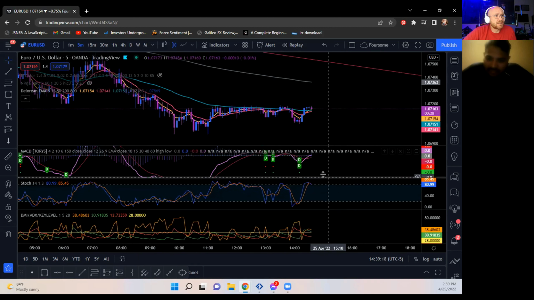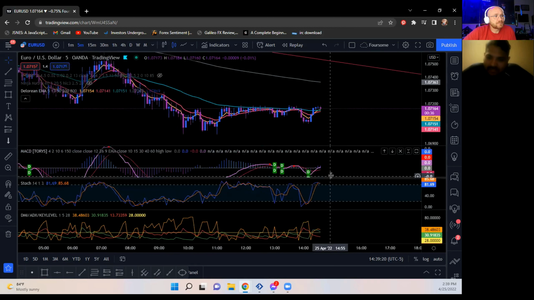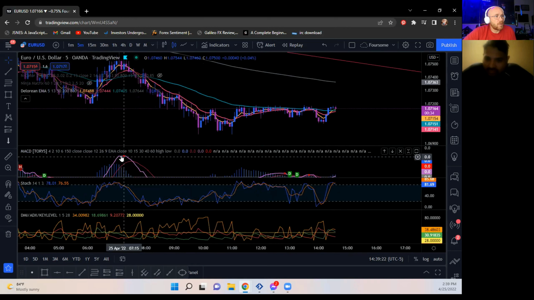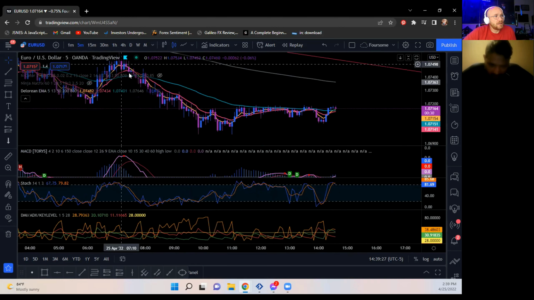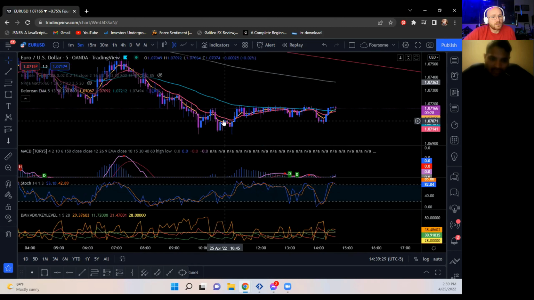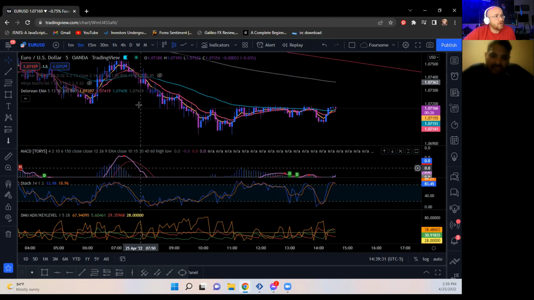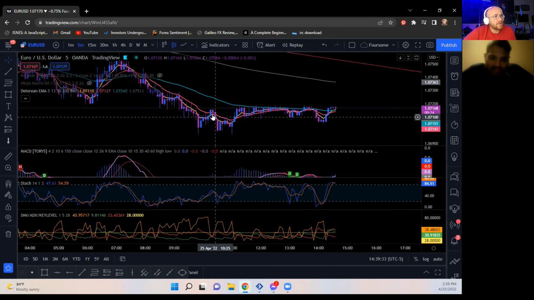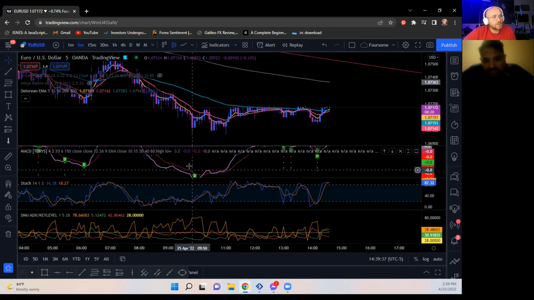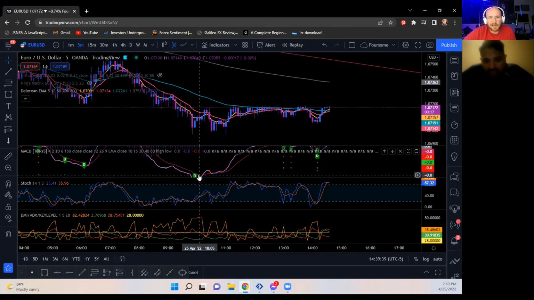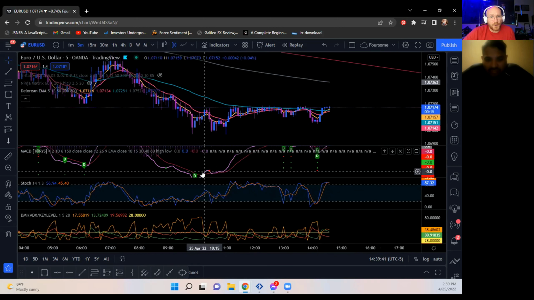What I like to see on a sell is that I'm overbought, right? Like up here, the stochastic is overbought here, and then you see this is when we get the big fall. If it says there's a sell right here, but I'm oversold, there might be a sell, but it's not going to run.